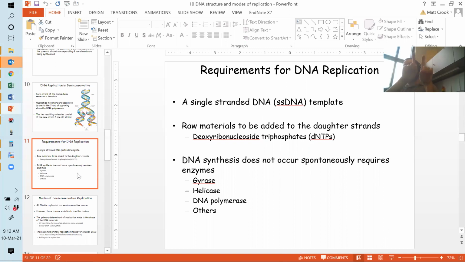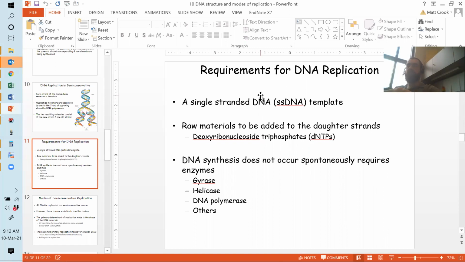Those bases are bonded to each other with hydrogen bonds. They're not available for use as a template. So that DNA has to be opened and made available so that those bases are now free to pair with new nucleotides. That's what we need. That's how it can serve as a template.